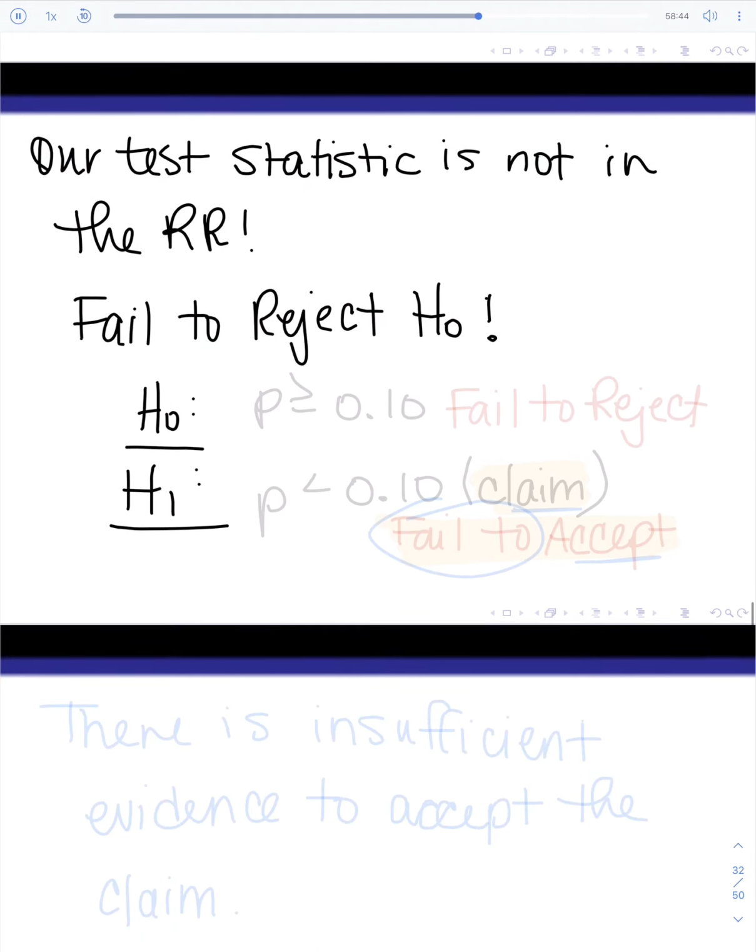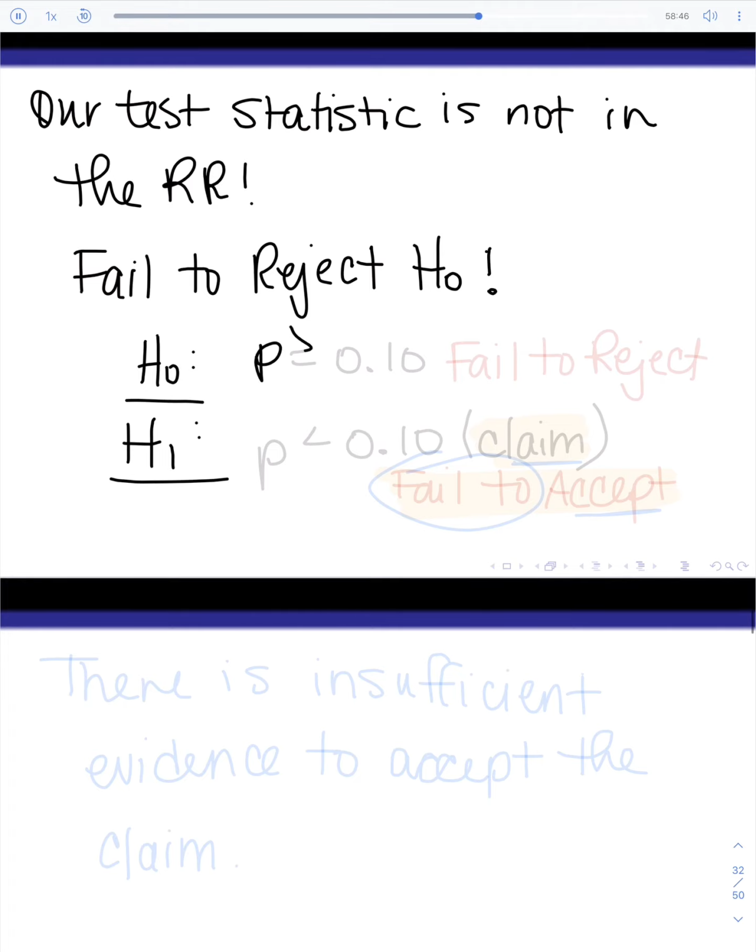Remember, our H naught is that P was greater than or equal to 0.10, and H1 is P is less than 0.10, and that was our claim. And according to this, because it is not in the rejection region, we're going to fail to reject H naught, which means we'll do the opposite with the H1.